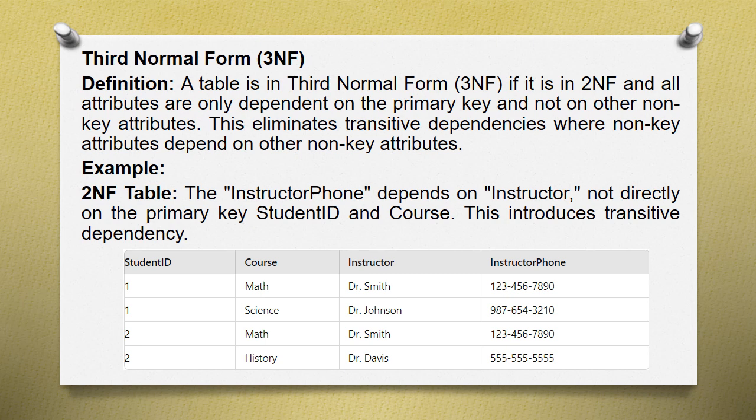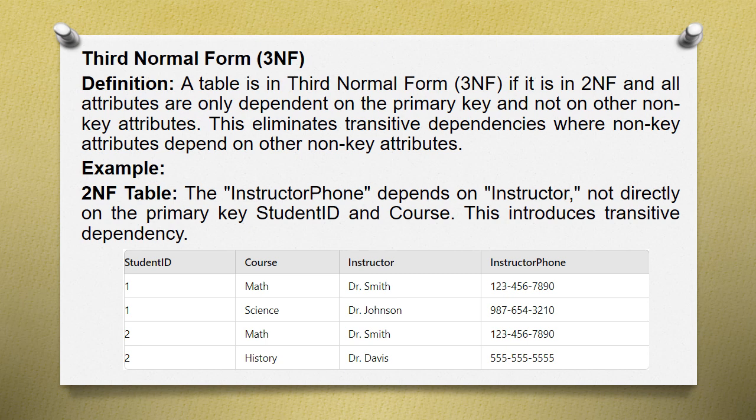Any non-key attribute depends on another non-key attribute. This is known as transitive dependency. And in third normal form, we eliminate this transitive dependency. All non-key attributes must depend on the key attributes only, right? Now let's see. We try to understand this with the help of an example.